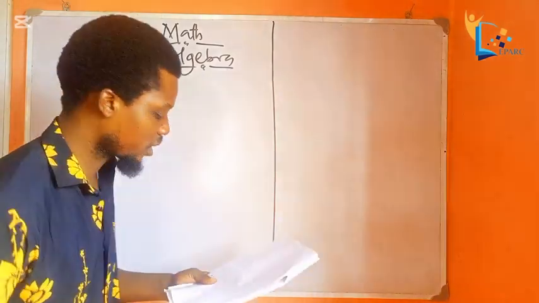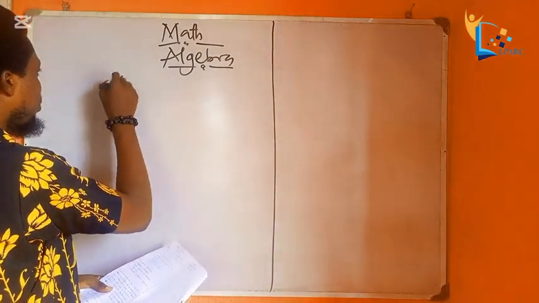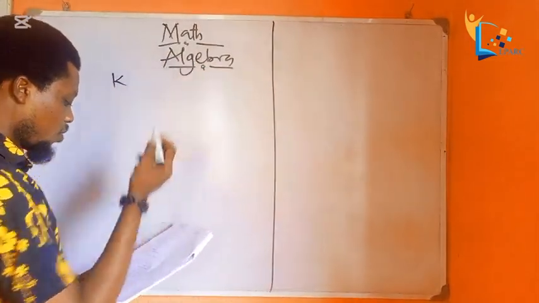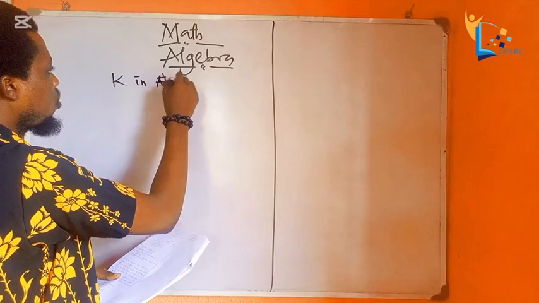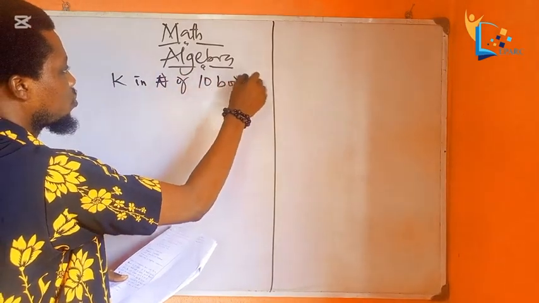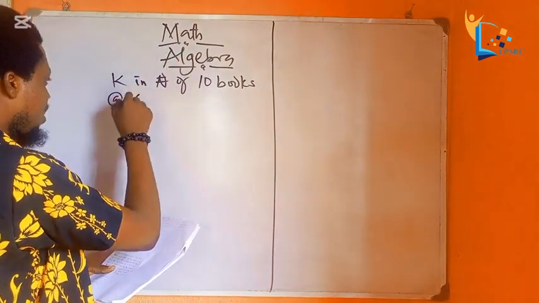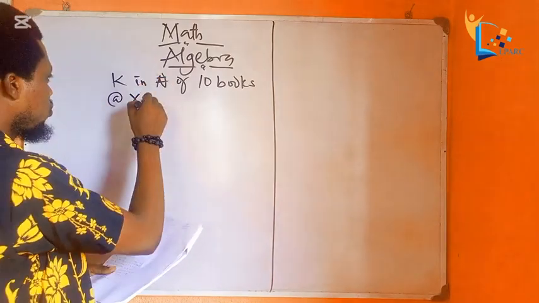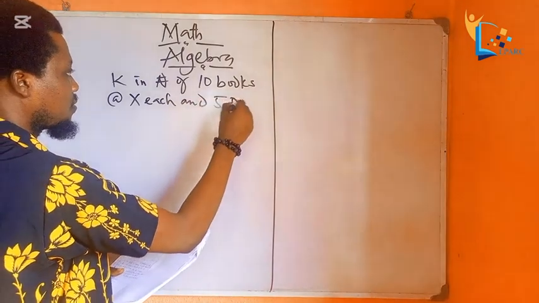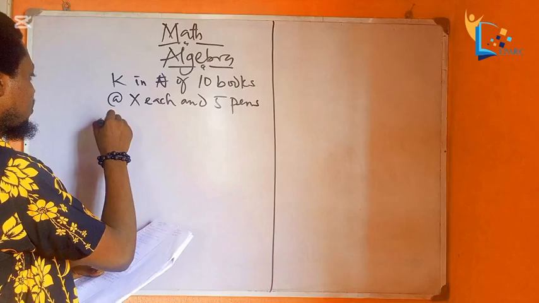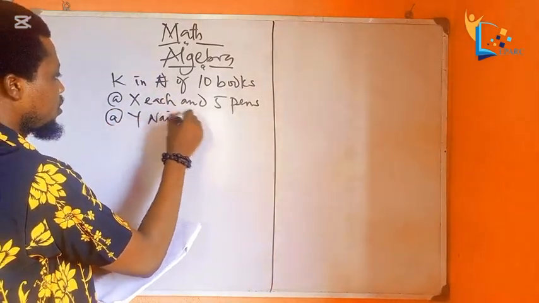For instance, given an expression of a cost C in naira of 10 books at X naira each, and 5 pens at Y naira each.